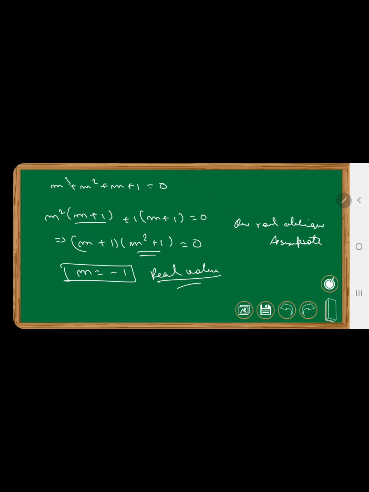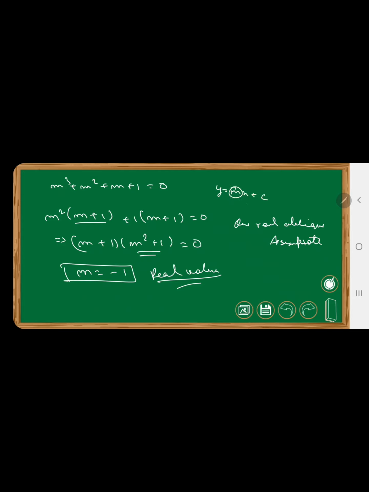the rectilinear asymptotes. Basically, the number of asymptotes will equal the highest power of the particular equation. So there is one oblique asymptote, there is one asymptote parallel to x and one asymptote parallel to the y axis. And m equals minus 1 gives you the slope of the asymptote. So y equals mx plus c.